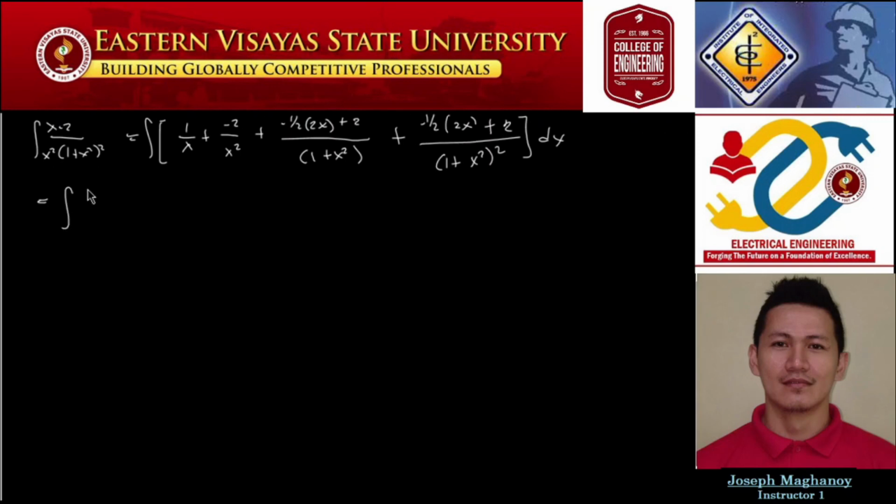1 is still 1. This is dx over x. Plus here, so this is negative 2. So 2 times positive, it will become negative 2. Then dx over x squared. So for our third factor, we distribute the denominator. Okay? We distribute the denominator here.